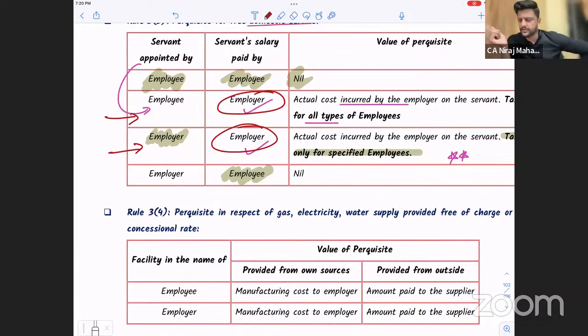The question is whether there can be a concession also over here, and the answer is yes. Let us say the servant's salary is rupees 5,000 per month and rupees 1,000 per month is recovered from the employee. So instead of free, it becomes concessional.